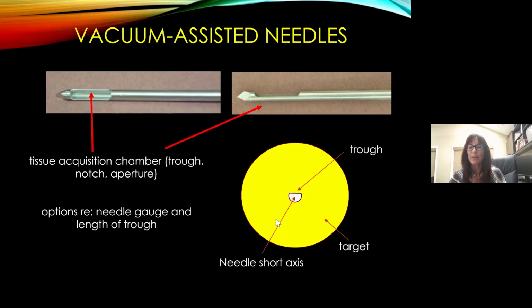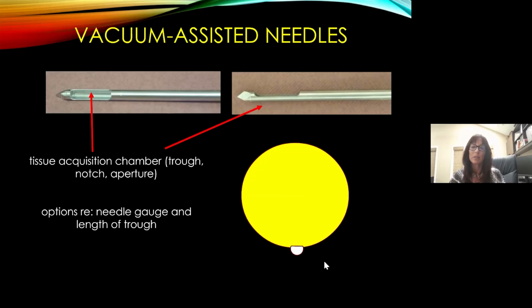So for example, this yellow circle is the target, the trough is the straight line, and the white is the needle. And then the needle can be rotated 360 degrees to obtain different sites of sampling within that target. In some cases, the needle is at the periphery of the target, in which case we may only sample in a few different locations. For example, this arc of a circle.